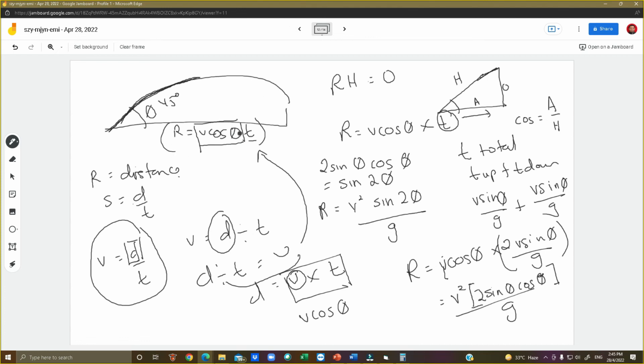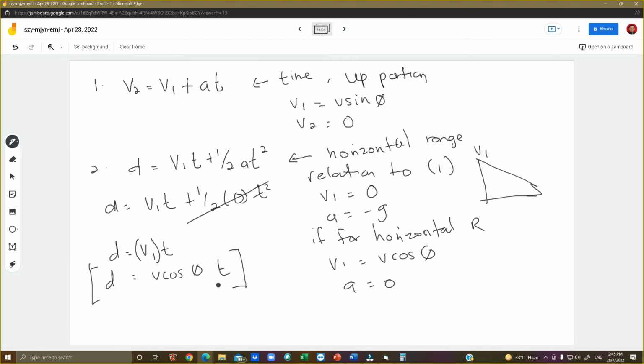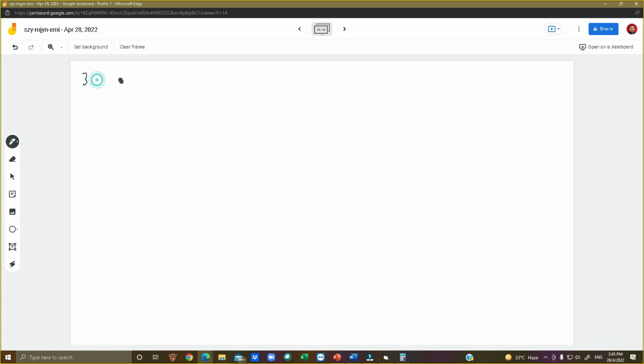V cos theta t. This is the second equation, which will serve as the horizontal part, D equals V cos theta t, for horizontal. And the third equation, v2 squared equals v1 squared plus 2ad.